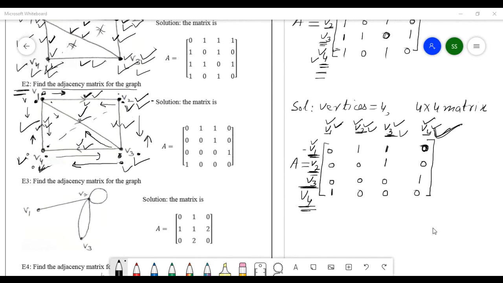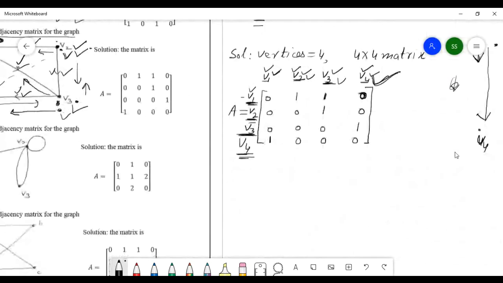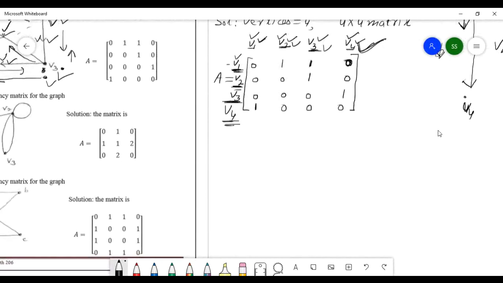Okay. So in the directed graph, you have to be careful. If you start from V1 to V1, same point, no edge, so you will write 0 here. Then you start from V1 and go to V2.